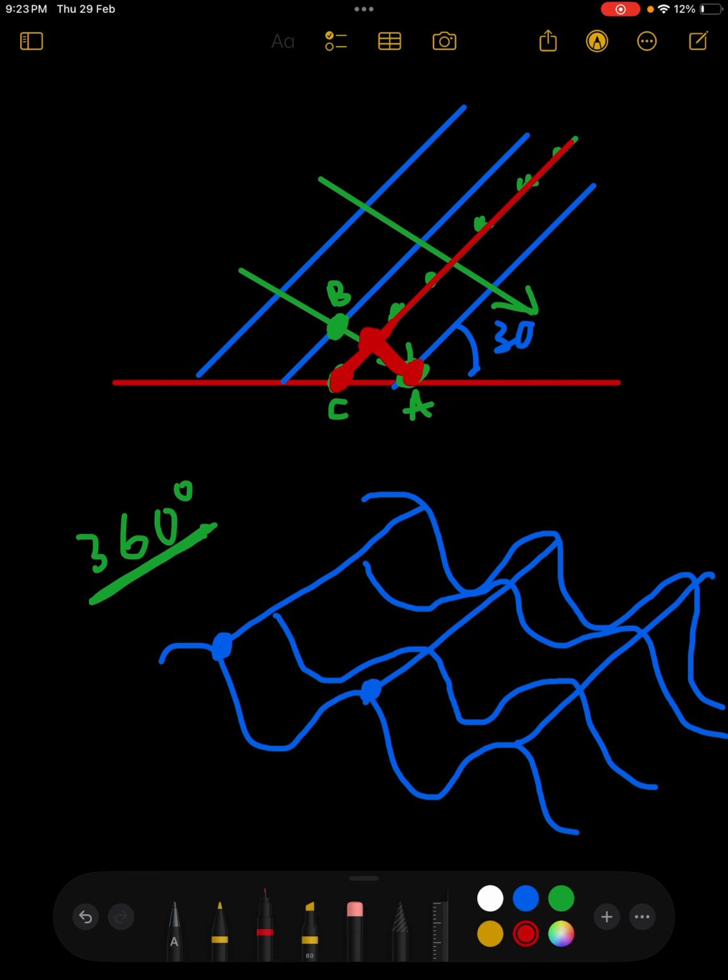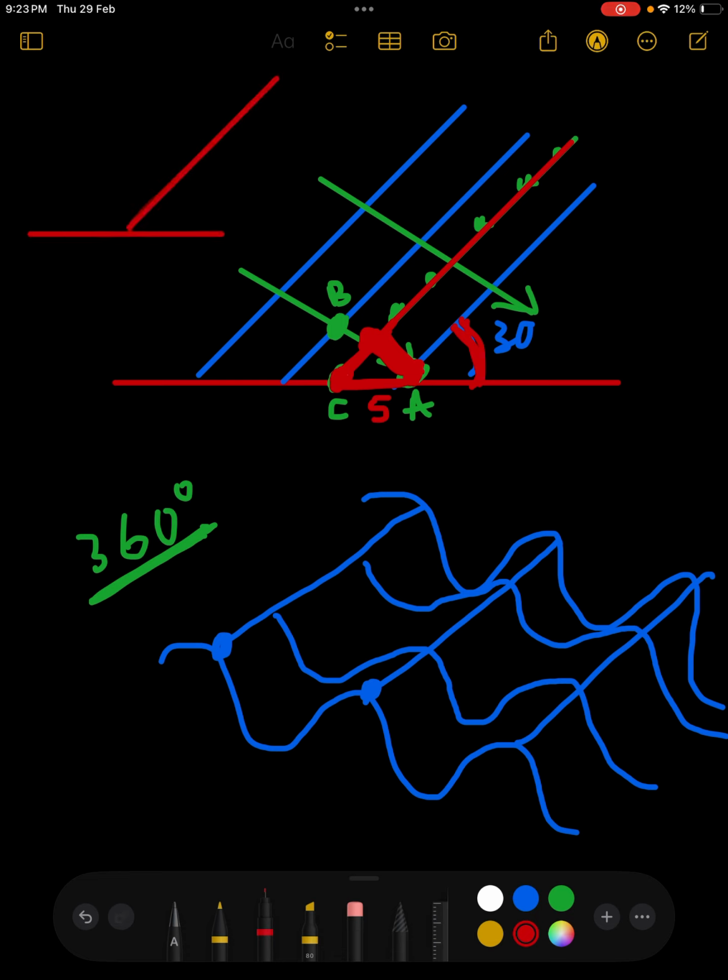We know that from C to A, there's 5 centimeters. Then we need to know the distance between these two particles here. On the other side here, there is 30 degrees. What about the other angle here? This is our horizontal line.